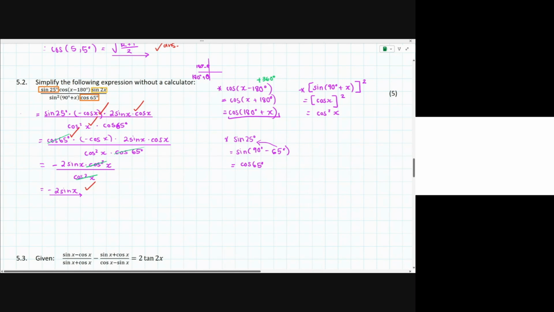When you get questions like this, which are generally between 5 and 7 marks, 1 of them will be for the answer. The rest will all be for your working out. And so that's why, again, go back to your CAST diagram, go back to your Cartesian plane, and understand what is happening so that you can simplify appropriately.